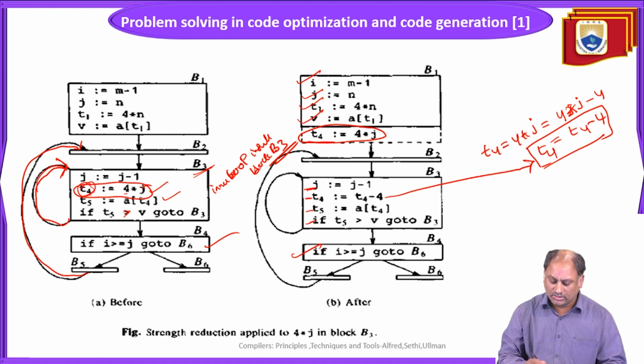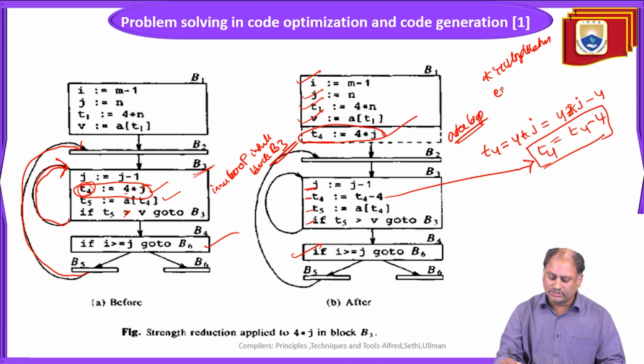Instead of that, we can move it out of this inner loop, before this block, before the outer loop. Outside of the outer loop, we keep the statement T4 equal to 4 star J, so that the star computation, that is a multiplication operation, is not repeated.